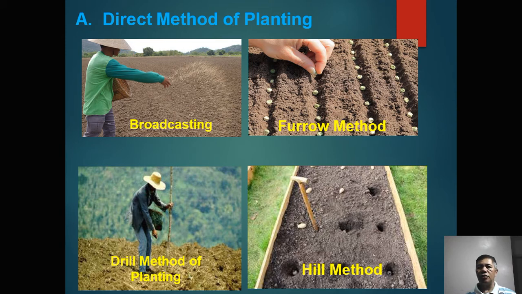For instance, if you have 1 hectare of land to be planted with upland rice, perhaps you need more or less 5 drillers and 5 planters.